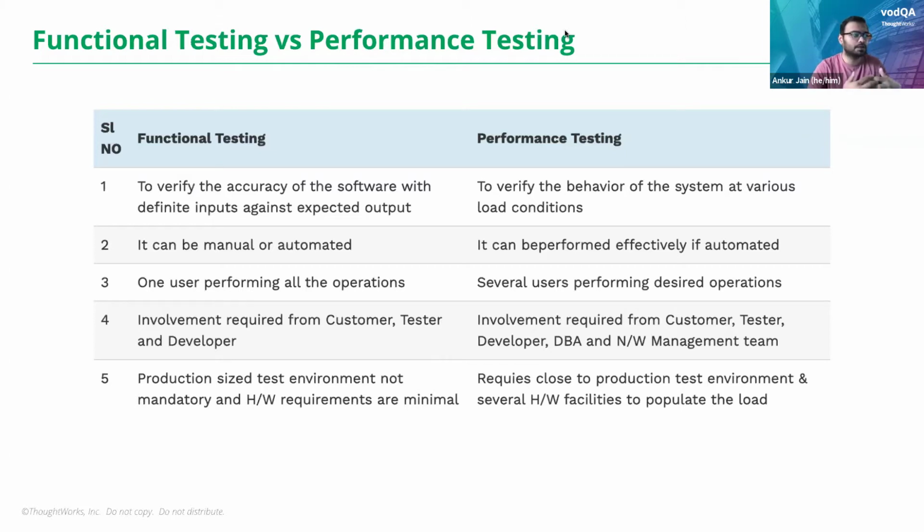In functional testing, you test with a definite amount of inputs and there are expected outputs. But in performance, you're testing the behavior of the system, how the application would respond with a certain amount of load or in a condition you're putting it into.